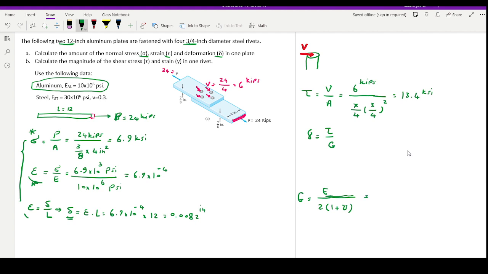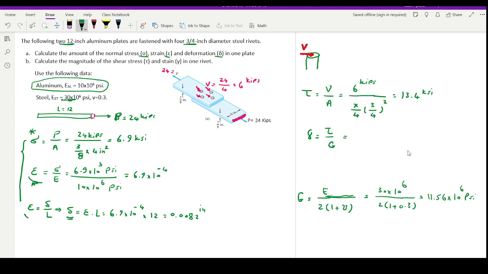So it's going to be E, which is 30 times 10 to the 6. It's given here. Divided by 2 times 1 plus 0.3. If you solve it, we will get something around 11.56 times 10 to the 6 psi.